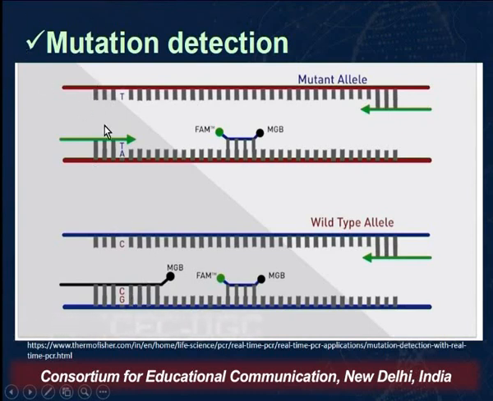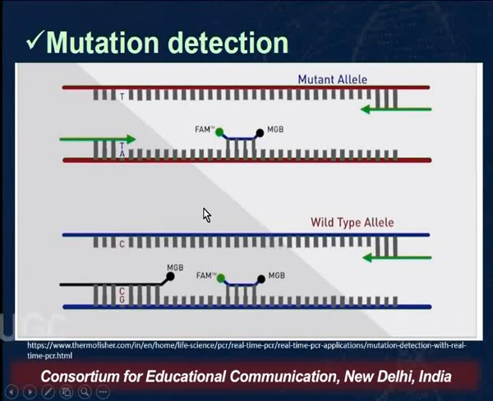So we use allele specific primers and locus specific probes. These probes are going to bind to both the mutated gene as well as the wild type gene. The allele specific primer is only going to bind to the mutant gene, and then there is a blocker also which is binding to the same place where the allele specific primer binds, so that even the non-specific binding cannot occur here.